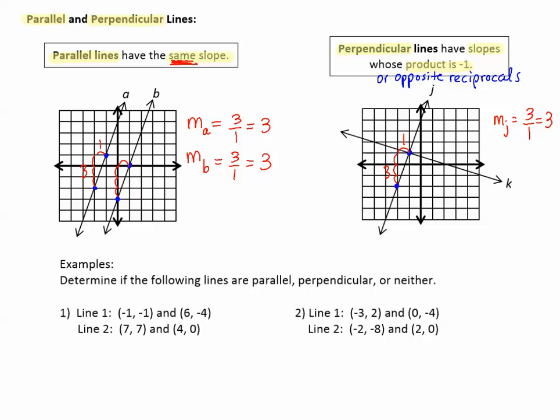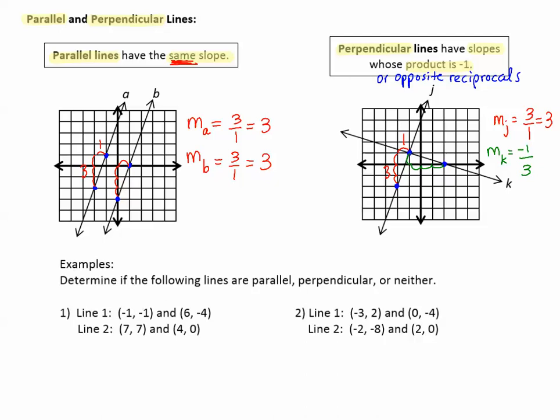I'm going to find a couple of points on line K, such as here and here. And I'm going to count from left to right. This time it's down 1 and 1, 2, 3. So the slope of line K is -1 over 3.